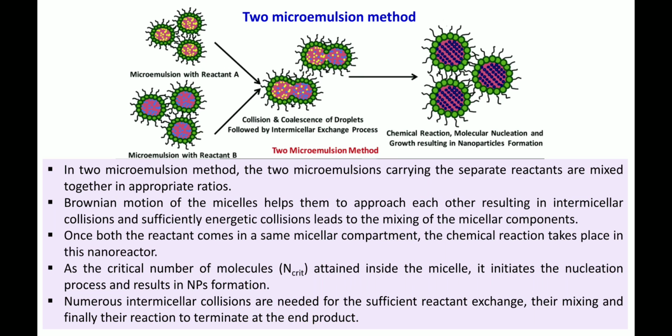product. So what is expected is that the maximum number of micelles of reactant A and reactant B should collide with each other. If the number is higher, then the chances of getting the final expected product are very high.